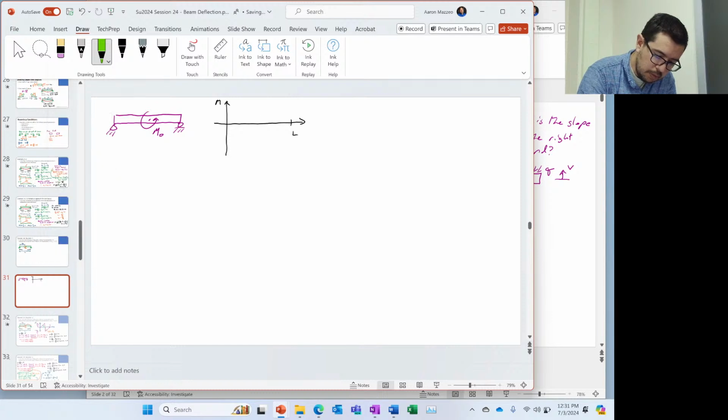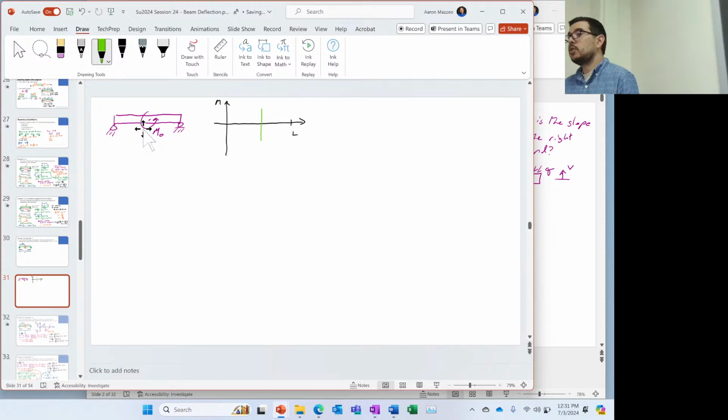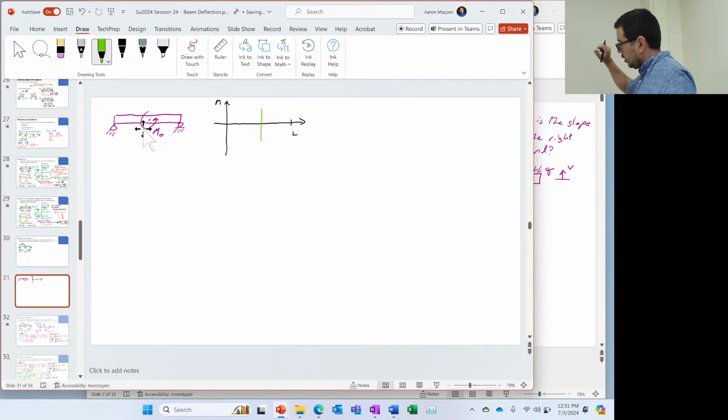It's going to have L over 2. It's going to have an interesting effect. This is an MAP essentially, right? And so an MAP, if it's positive in terms of externally applied moment, ends up for our convention being a negative, right?